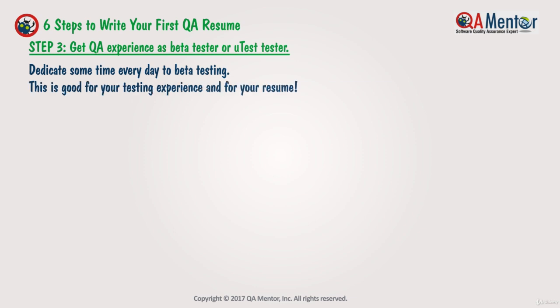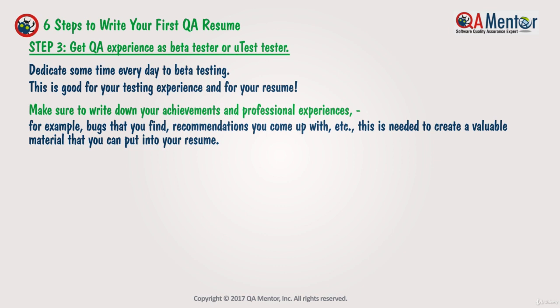This is good for your testing experience and for your resume. Make sure to write down your achievements and professional experiences, for example, bugs that you find, recommendations you come up with, etc. This is needed to create a valuable material that you can put into your resume.